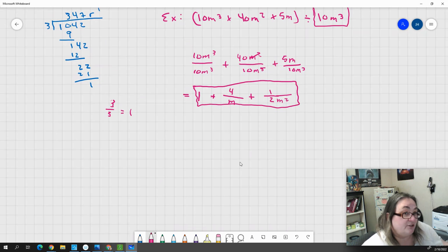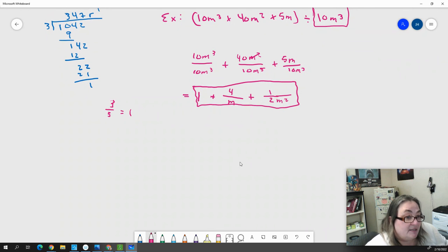The other way that you can look at that same problem is you can factor, right? But even then, you're still kind of just doing the same thing. What I mean is you could write it as 10m cubed plus 40m squared plus 5m divided by 10m cubed.